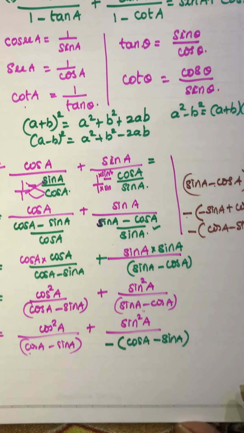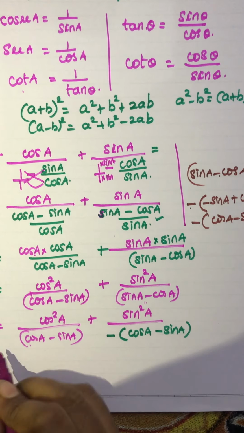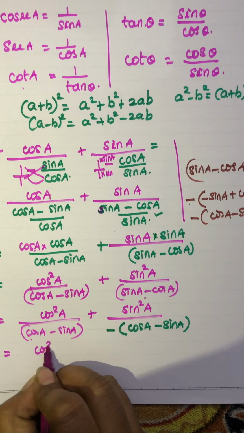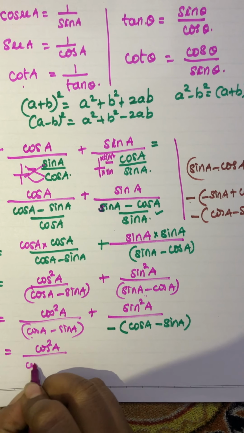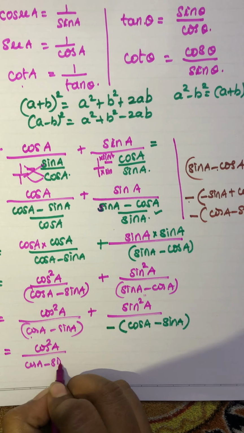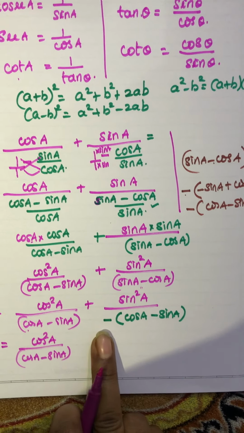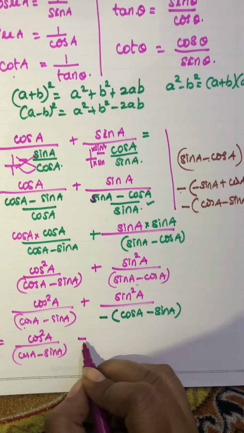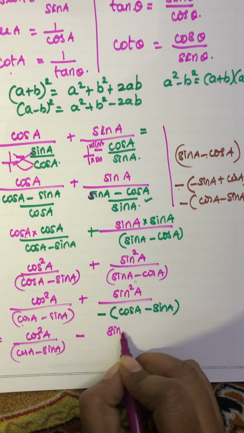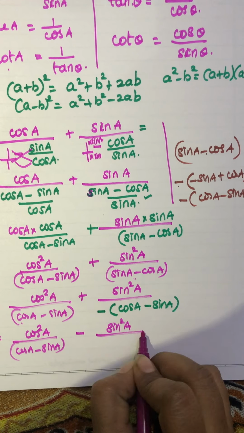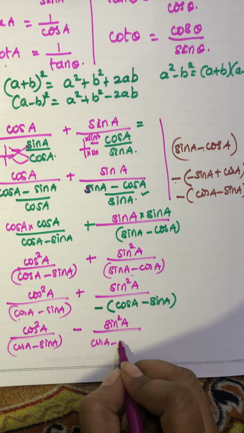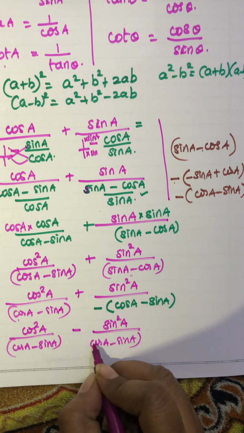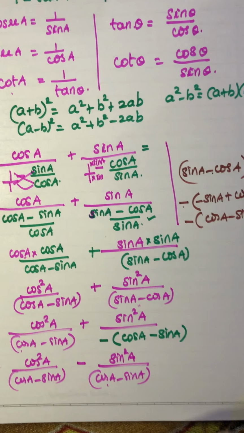Okay, students. Now write the numerator: cos square A by cos A minus sin A. This minus you can write here. Plus into minus is minus. So minus sin square A by cos A minus sin A. Do you understand?